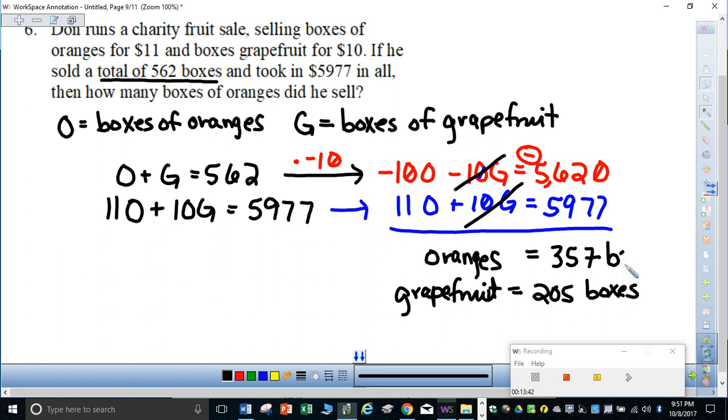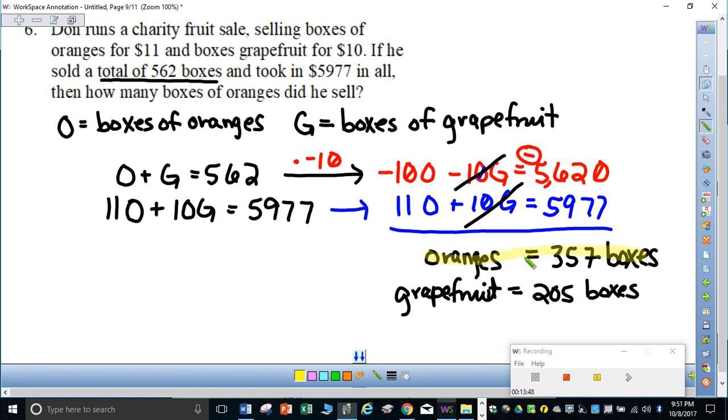Now here's the thing, it's just asking us how many boxes of oranges did we sell, so we can just write this for our answer, 357 boxes.